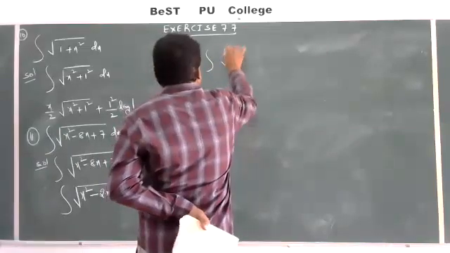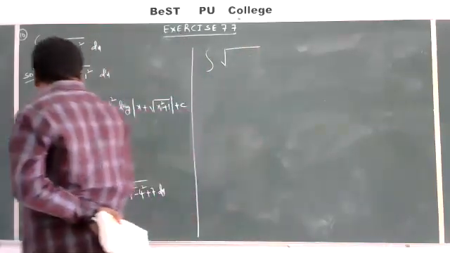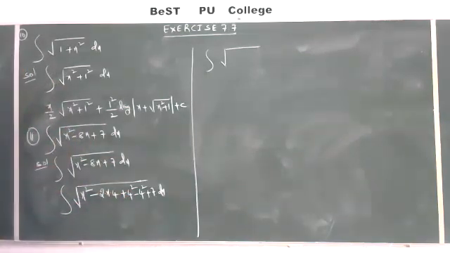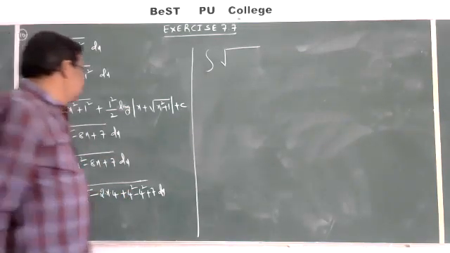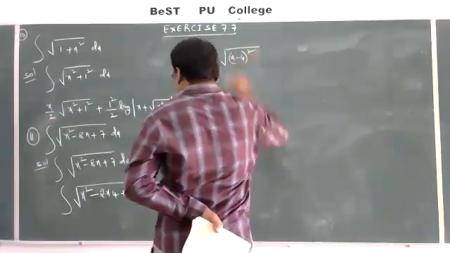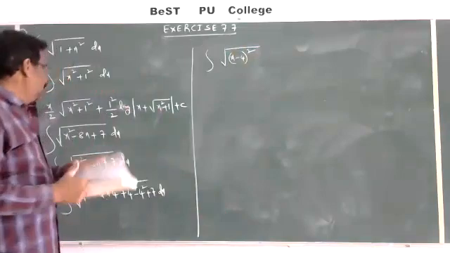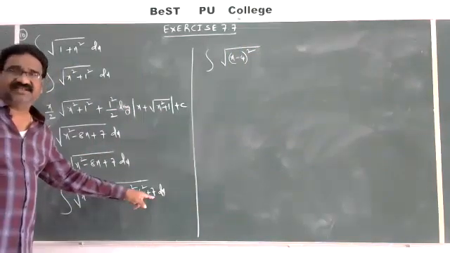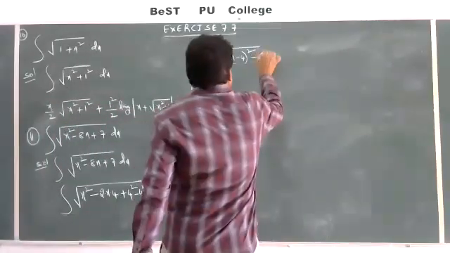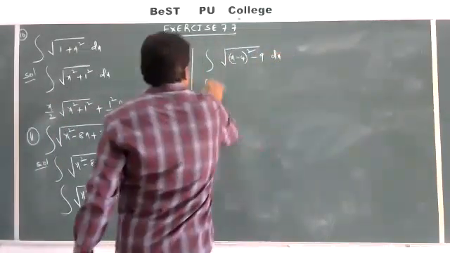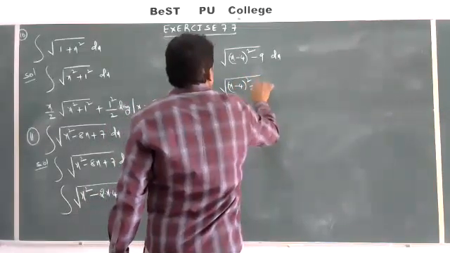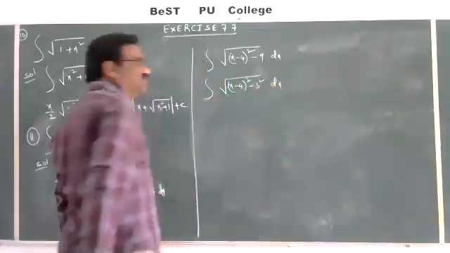That is x square minus 2ab plus b square, that is x minus a whole square, that is x minus 4 whole square. Here minus 16 plus 7, that is minus 9. So integral root of x minus 4 whole square minus 3 square dx.